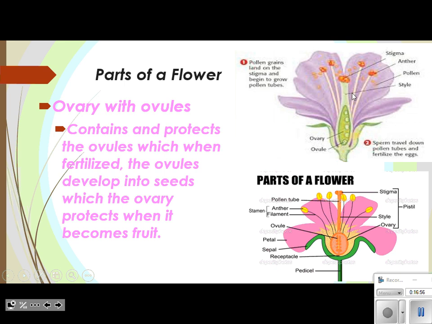Now, right beside those are the stamen, because here's an anther, here's a filament. So here's 1, 2, 3, 4 stamens surrounding this one pistil. Okay? There can be multiple stamens around a single pistil.